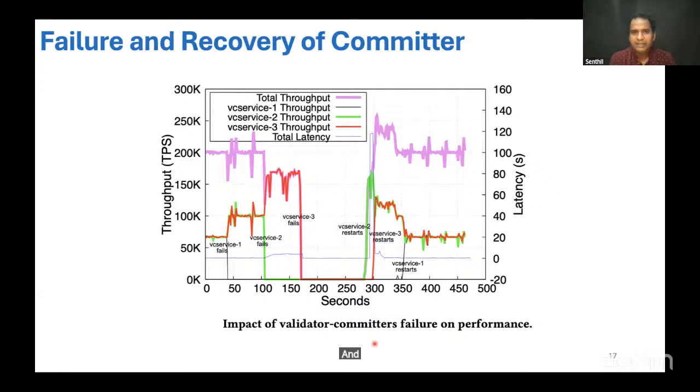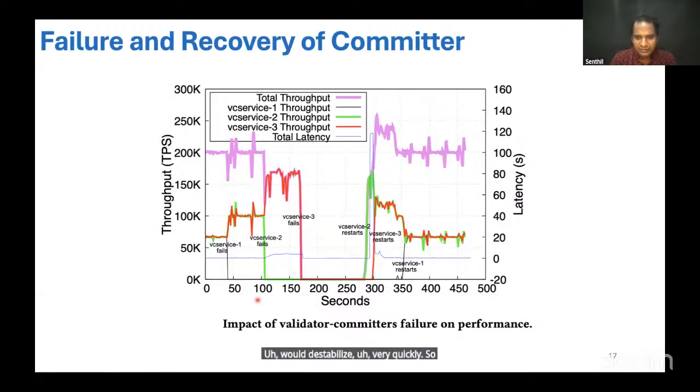And as I said, our system is built with a lot of resiliency, right? In this experiment, we are killing the VC services one by one. We have 3 VC services. We kill 1, 2, and then 3. Then we show that when we restart them, the system stabilizes very quickly.